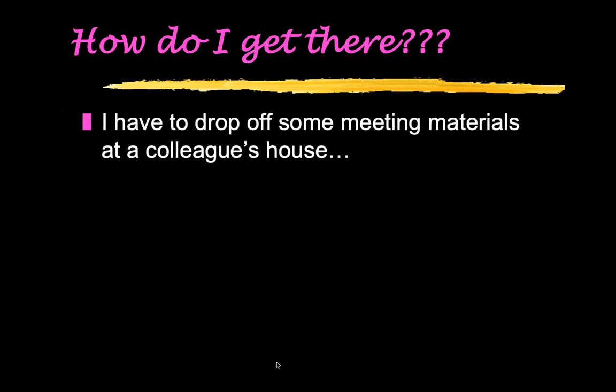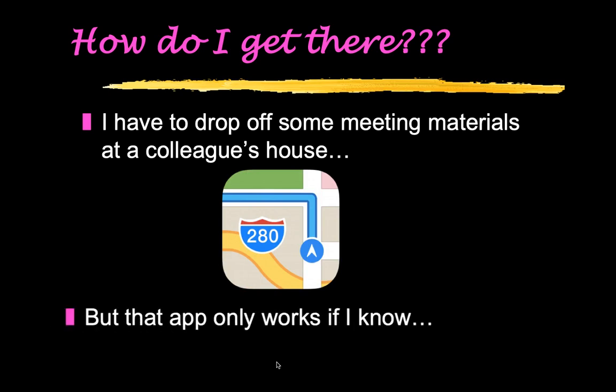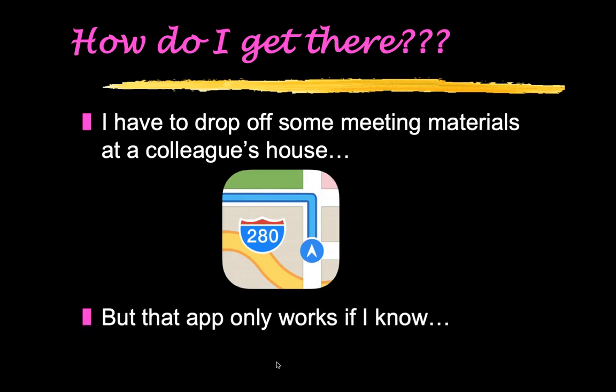All right. So let me introduce this idea. You don't have to take notes on this slide. Imagine that I came to you on our Zoom and said, after school today I'm supposed to go drop off some meeting materials at a colleague's house. So I've got my app on my phone that should help me get there. But that app is only going to work if what?